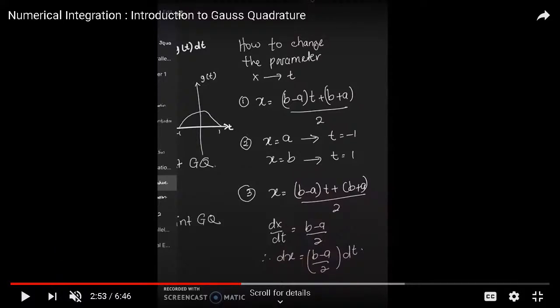So this is how we transform. There are three steps. The first is to represent x equal to ((b minus a)t plus (b plus a)) divided by 2. The second is to transform x to t for every value of a and b.